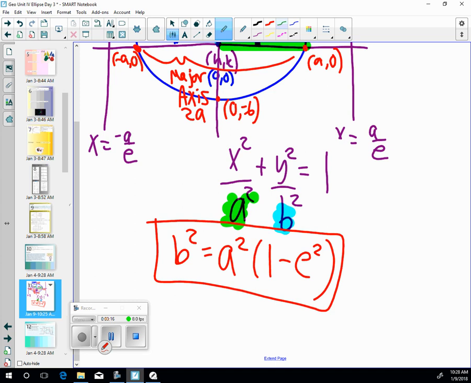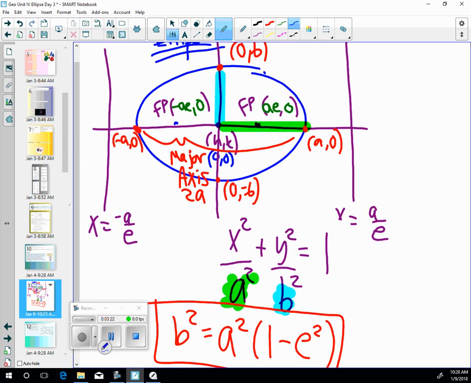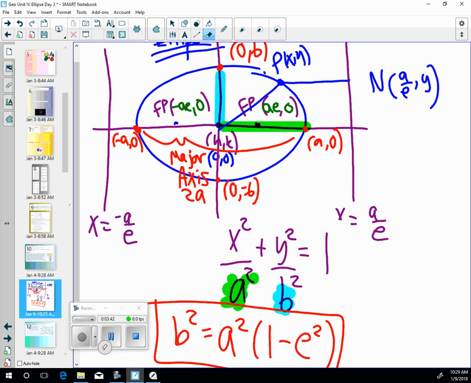Did you have a question? One other thing I wanted to mention is that if we are looking at here to point P and here to point N, which is A over E comma Y, what is the ratio of PN? I always do this backwards.